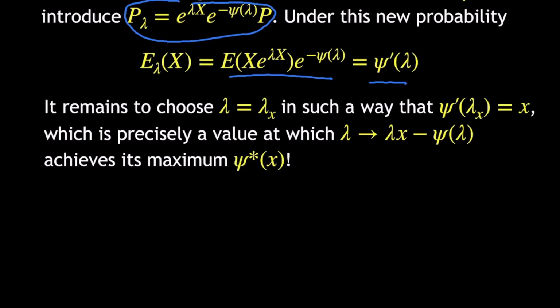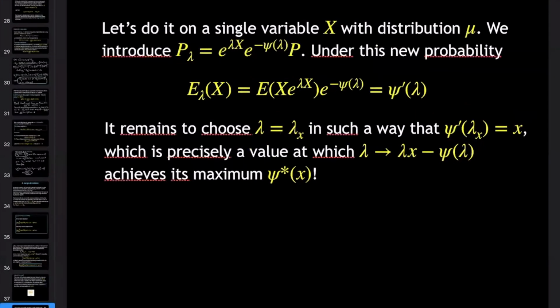And the other important point is that this very value where psi prime is equal to x is also the value where the function which allows to define the dual achieves its maximum. So this means that you now have the right idea and you have to make it work.